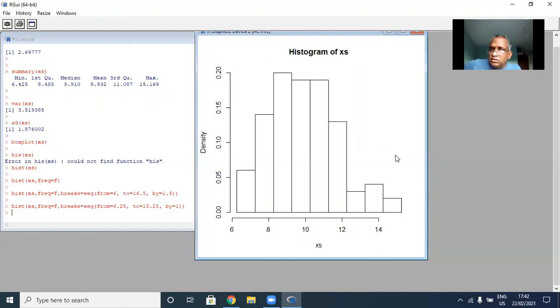Now there's another question. What is the difference between fivenum and summary?